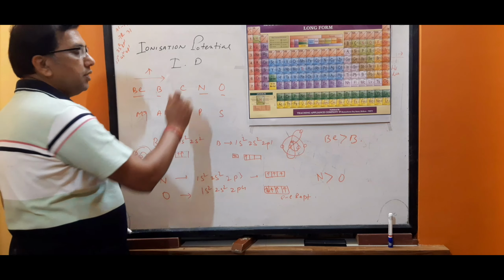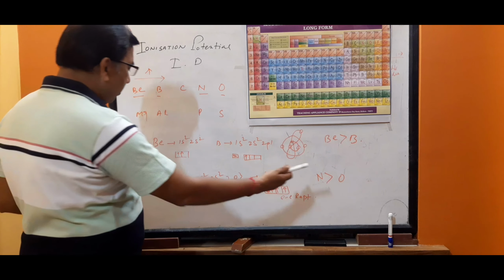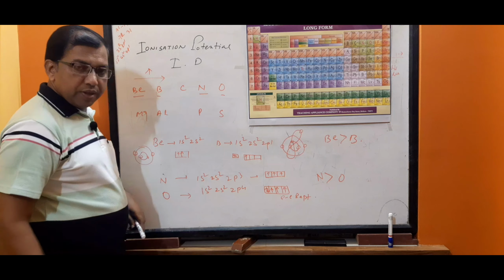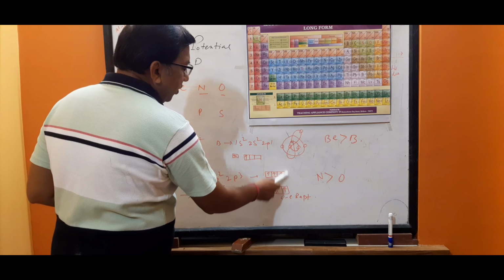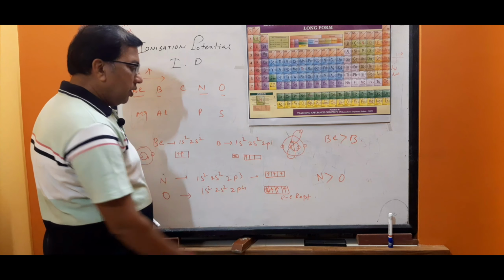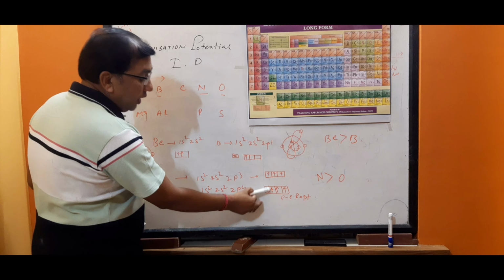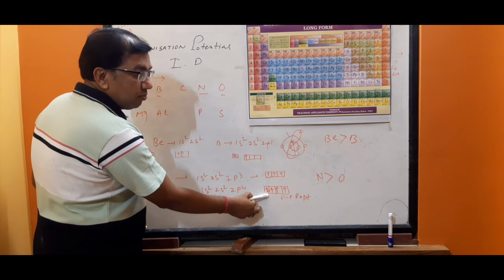Oxygen should be greater than this. Come to the electron configuration: nitrogen 1s2 2s2 2p3, oxygen 1s2 2s2 2p4. In the p orbital of nitrogen there are 3 half-filled orbitals. In oxygen the number of electrons is greater.